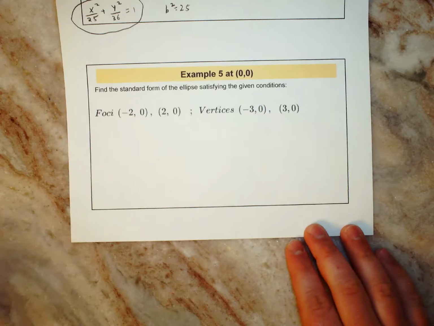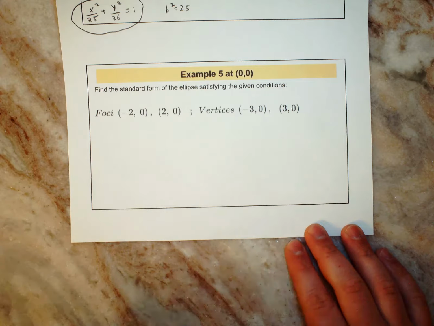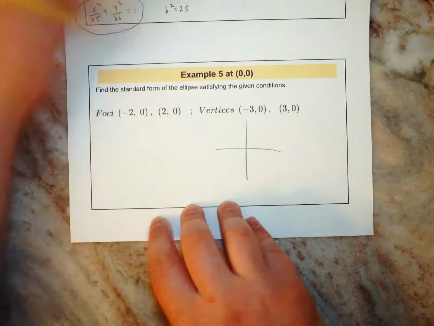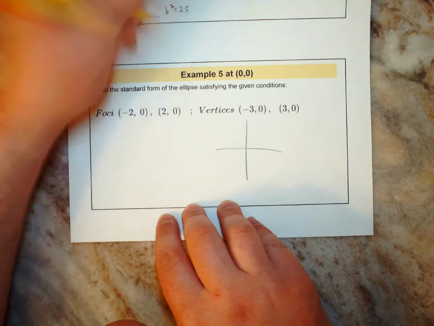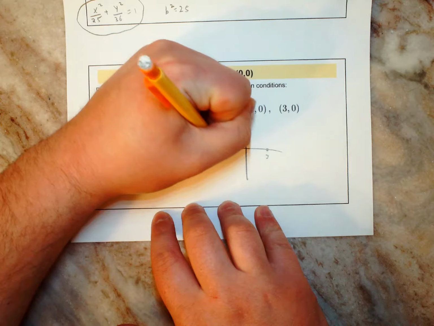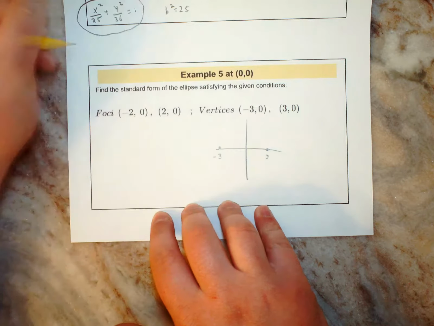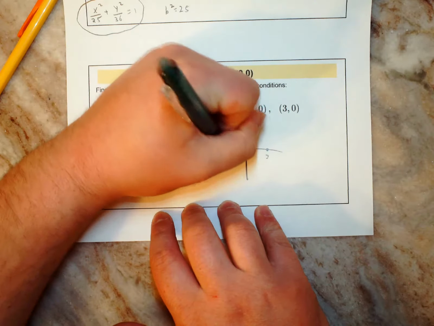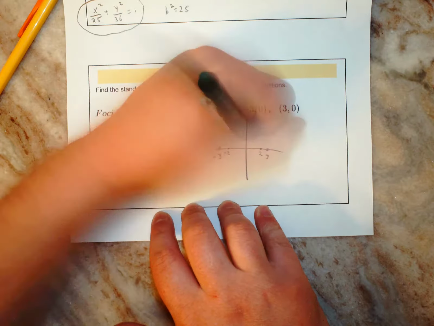I recommend at this moment that you pause and try it on your own. I'm going to run through it. I'm going to draw a little graph. So here we go. My vertices, (3, 0) and (-3, 0). Foci, (-2, 0) and (2, 0).